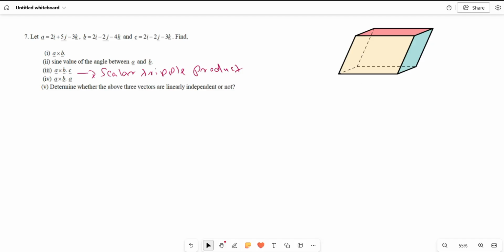The next part asks to determine whether the above 3 vectors are linearly independent or not. If the three vectors are linearly independent, then they are not coplanar. That means these 3 vectors are not generating a flat surface. Actually, they are generating this type of parallelepiped. That's why it is taken from the scalar triple product.